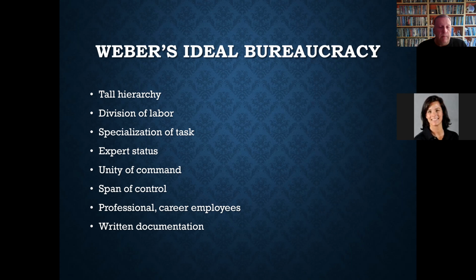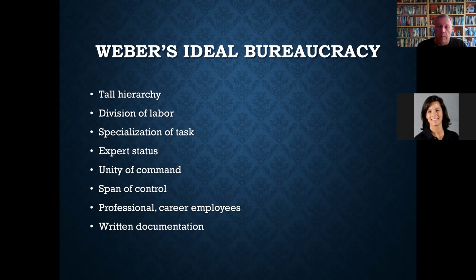So for Weber, it was really a one-size-fits-all approach, that he thought he could come up with the characteristics of an ideal bureaucratic structure, and then you could apply that ideal bureaucratic structure across every organization, and thus make every organization effective and efficient.